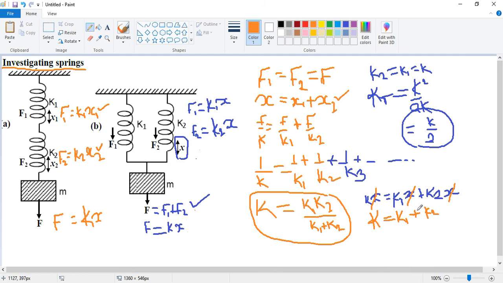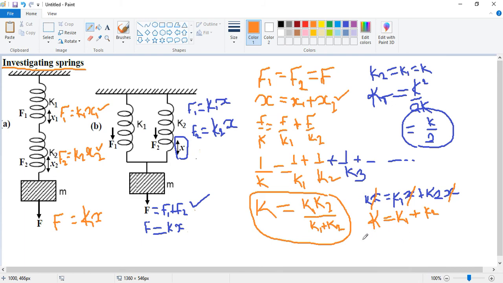What does that imply? When springs are connected in parallel, the effective spring constant is the sum of the spring constants. In other words, connecting springs in parallel increases the spring constant. Connecting springs in series reduces the spring constant.